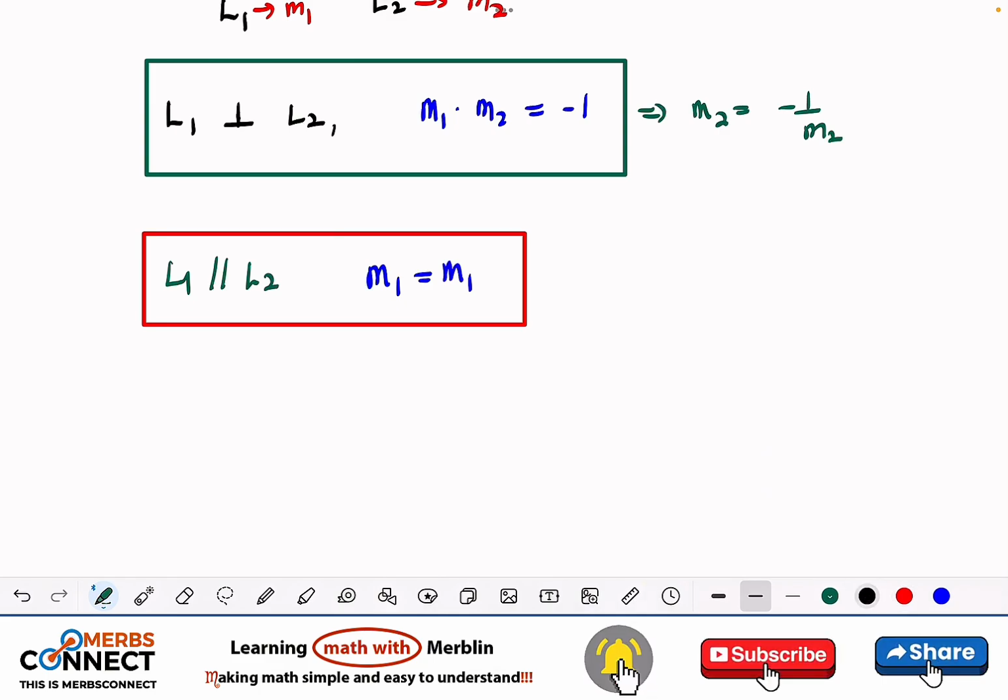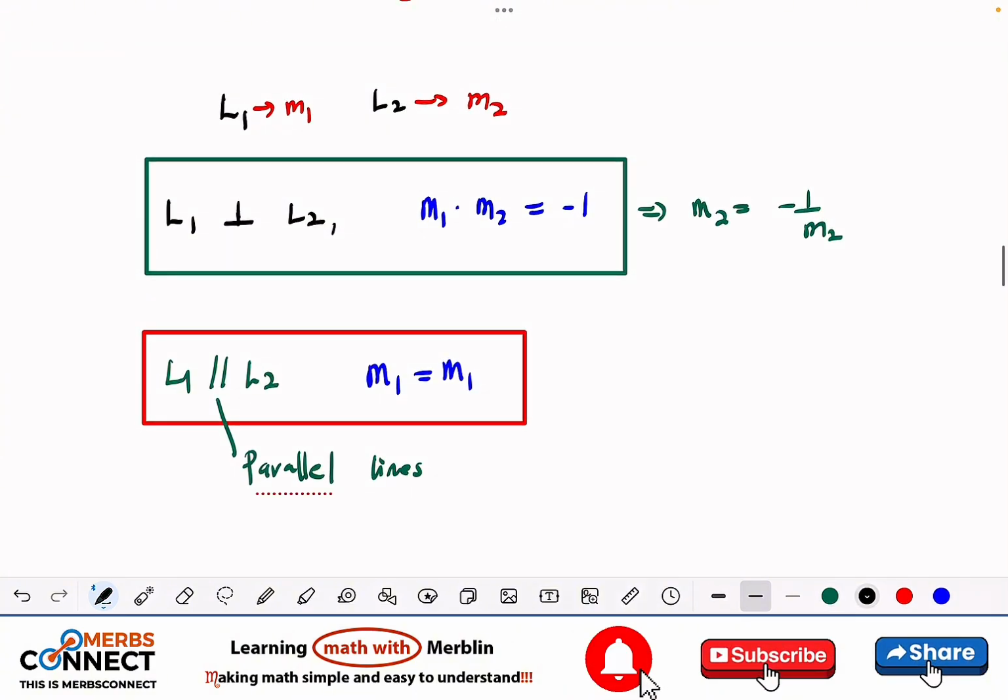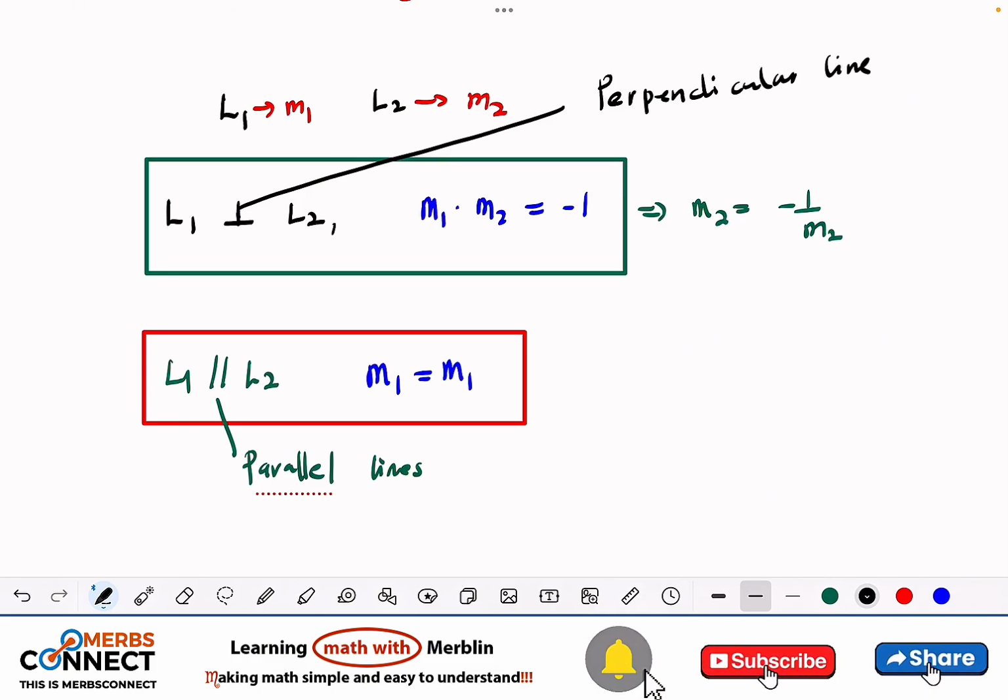So let me indicate this one. Then this one here, let me write here. This one here is perpendicular, right? Good. So that is the idea.